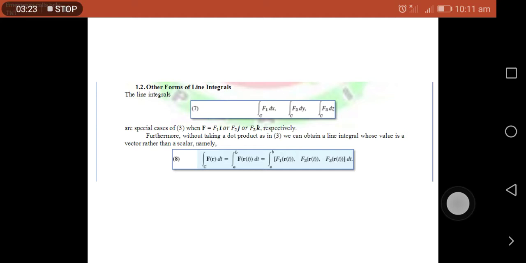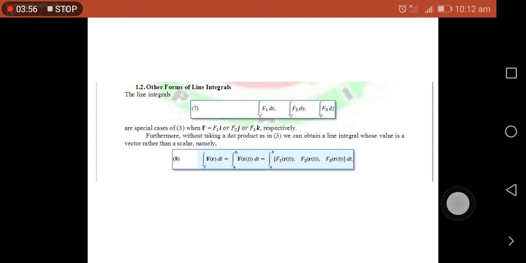We have here the integral of f1 dx at some curve C, and f2 dy at some curve C, and f3 dz at some curve C, provided that your function f is equal to f1 i plus f2 j plus f3 k. So in here, we obtain the line integral whose value is a vector rather than a scalar.